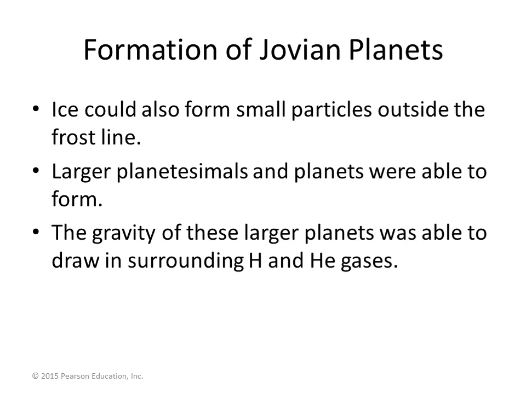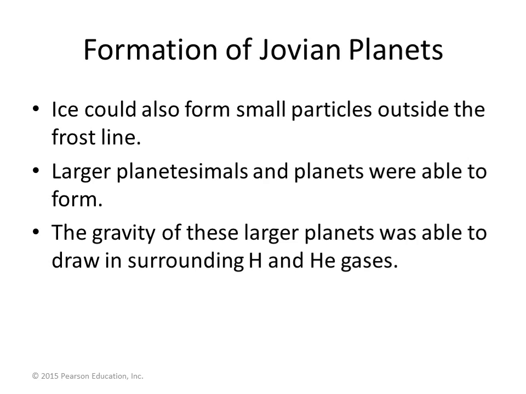What about the Jovian planets? Well, ice could also form small particles outside the frost line, so larger planetesimals and planets were able to form, and the gravities of these larger planets were able to draw in surrounding hydrogen and helium gases.